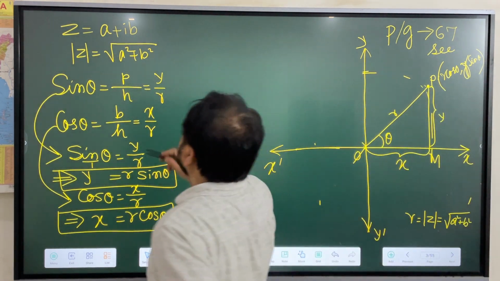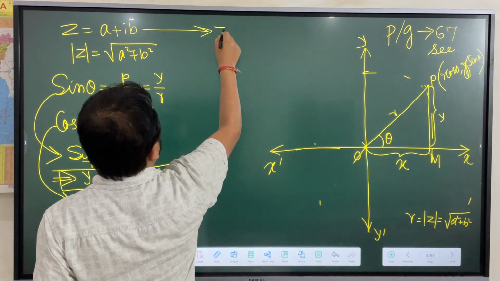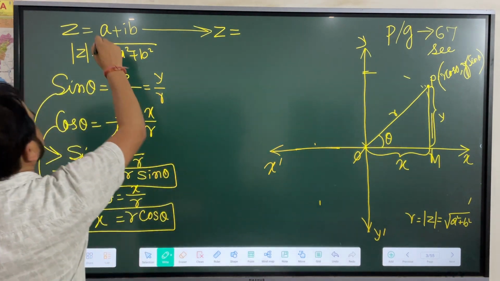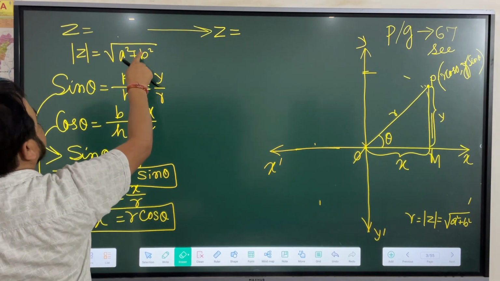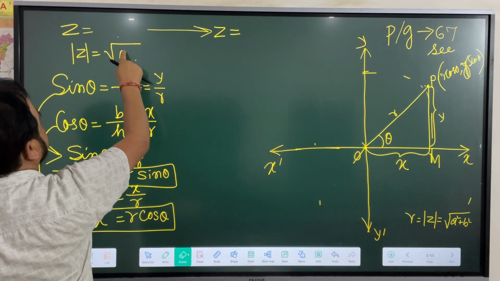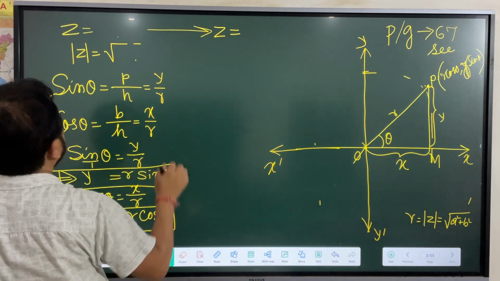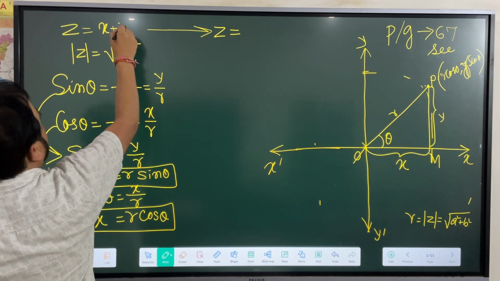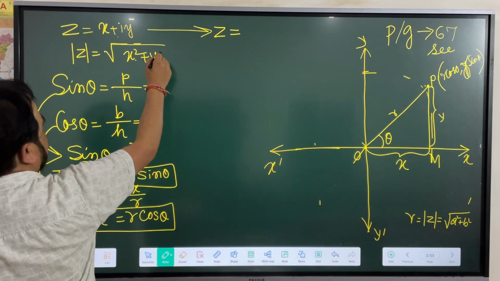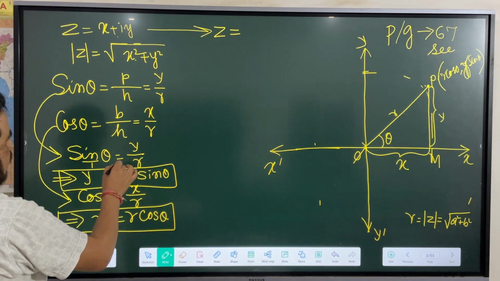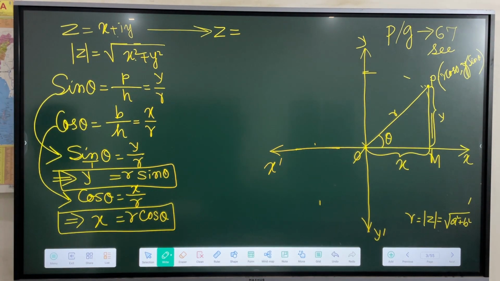Now this formation we will write again. Suppose z is x plus iy, then mod of z will be the root of x square plus y square. Same thing, a plus ib. Because I have found y and x, I have changed this one.